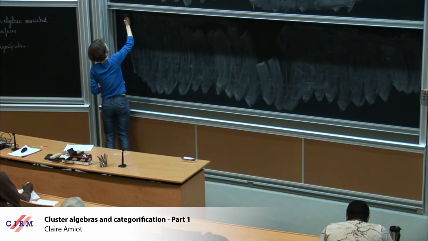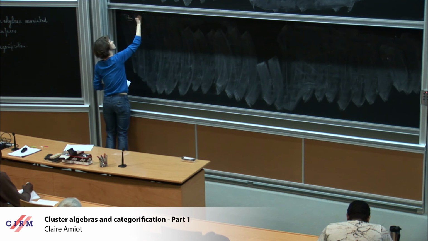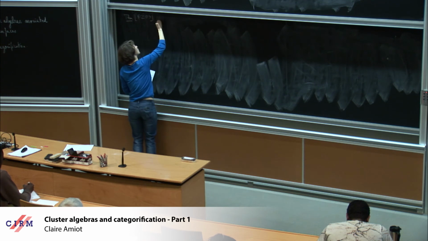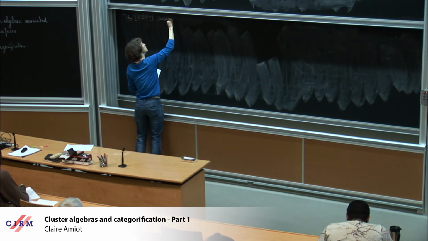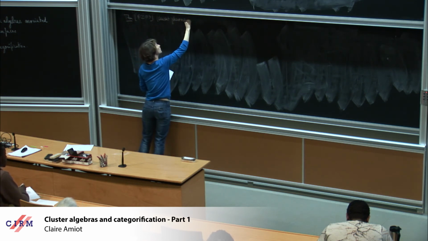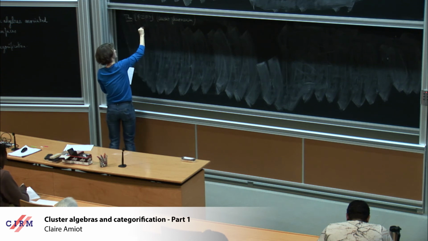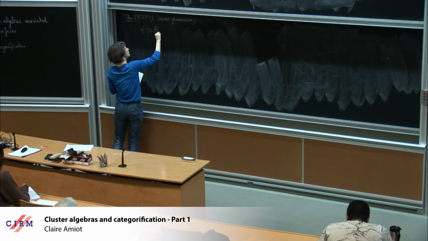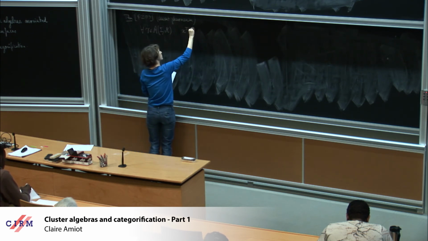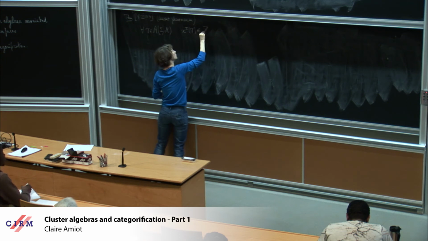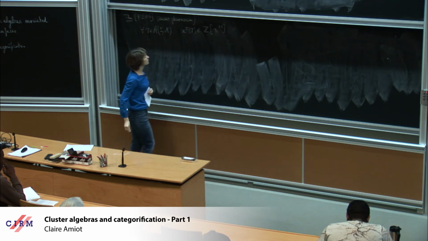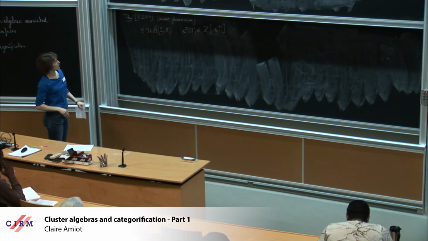Okay, so the theorem by Fomin and Zelevinsky is called the Laurent phenomenon. For any arc gamma, x tau of gamma belongs to this algebra.